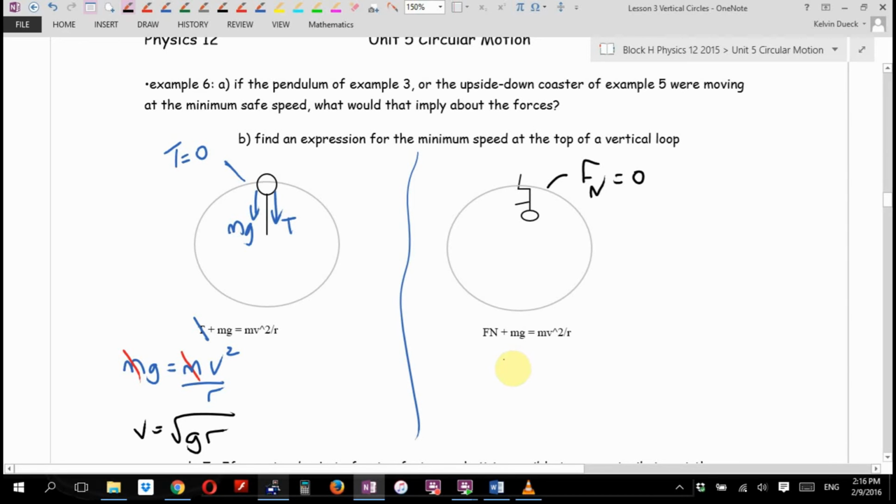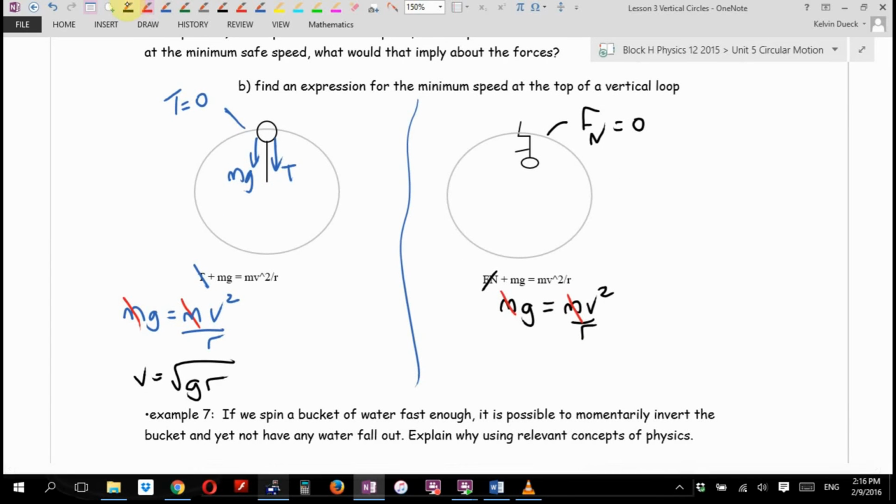In other words, turns out, Josh, the minimum safe speed for a roller coaster is also the square root of g times r. I'm willing to bet ride designers would have that one memorized. You'd be saying, I want to make sure I have a healthy safety margin. What's the radius of my loop? I better make sure that when we get to that loop, I'm going faster than the square root of 9.8 times the radius.